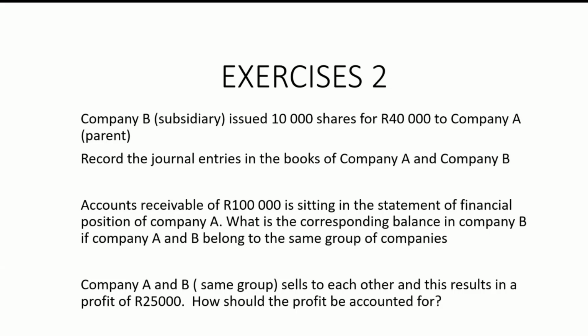Bank will be debited because there's an increase of 40,000 and the share capital account will be credited. Good, excellent. So in the books of the subsidiary, they have issued shares. So I'm expecting to see an increase in bank, right? So debit bank of 40,000, and we credit our share capital, assuming that the share capital is also 40,000.